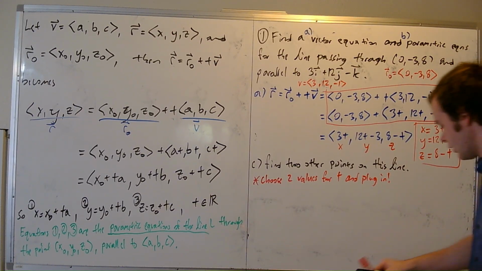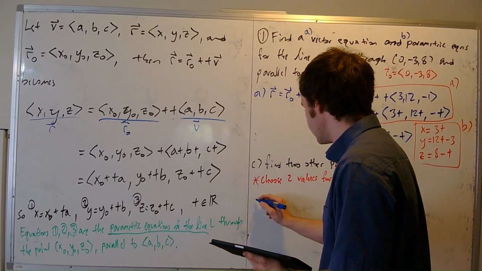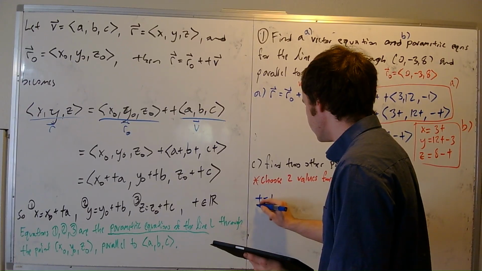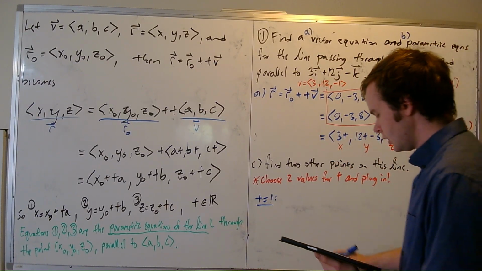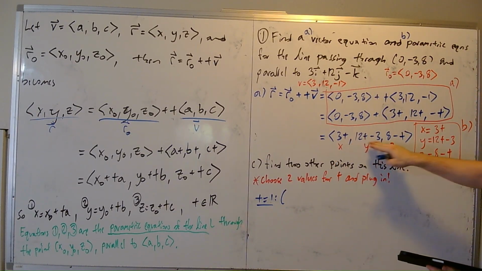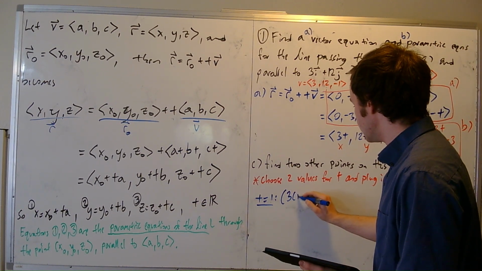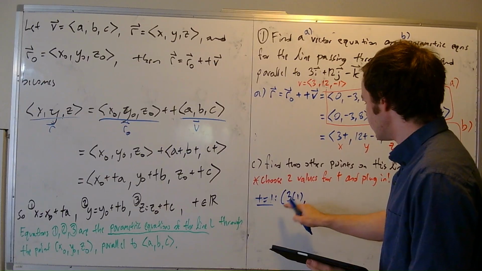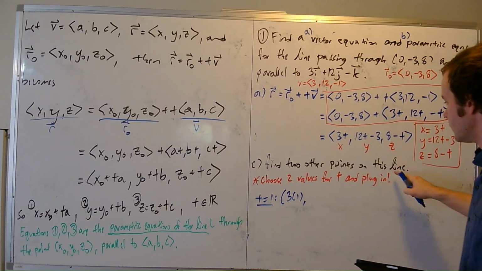It doesn't matter what values you choose. I'm just going to pick some nice values. First we're going to pick t equals 1. And remember, we just plug it into here. So we're going to get 3 times 1. I'm writing parentheses here because this is a point, not a vector, because we're finding points.